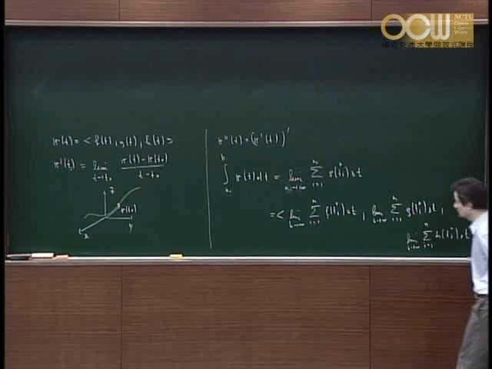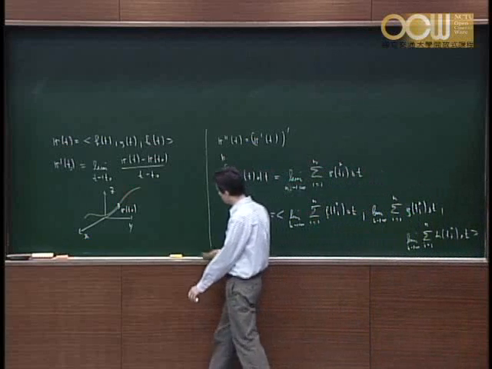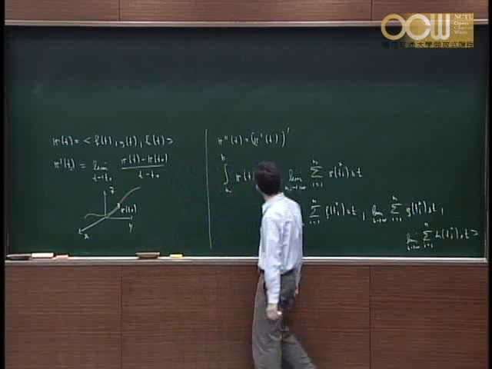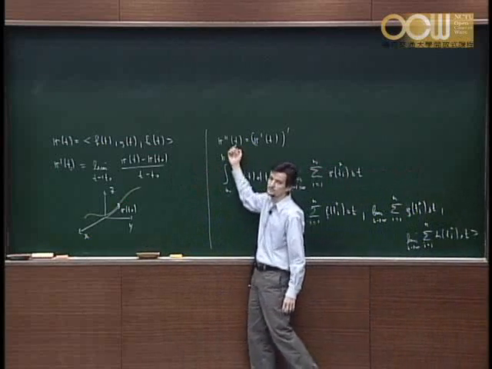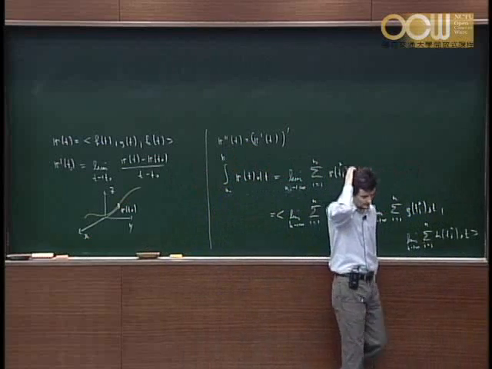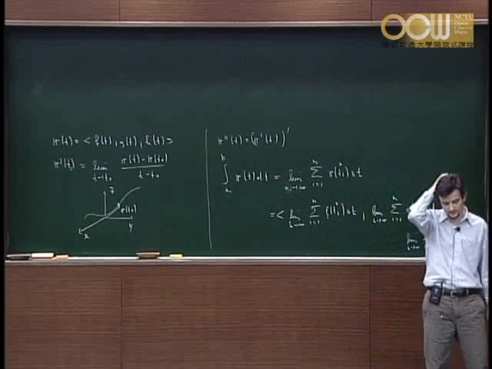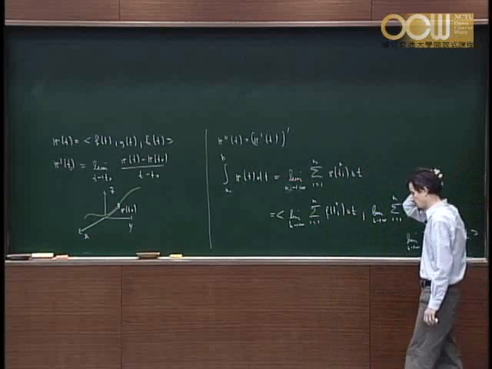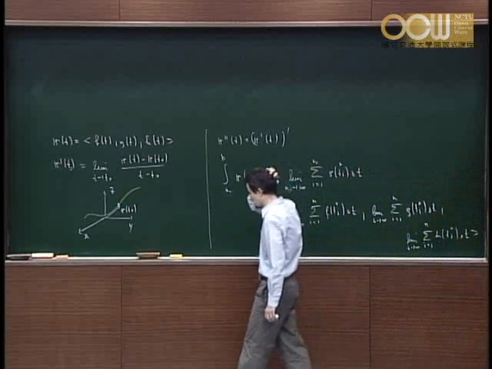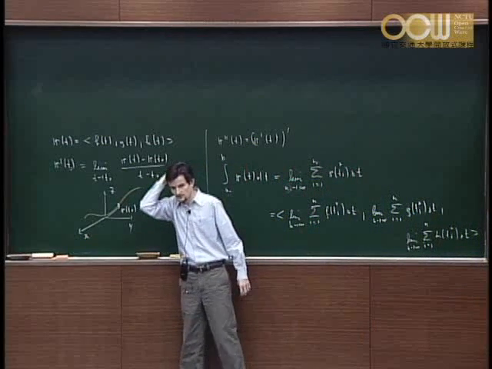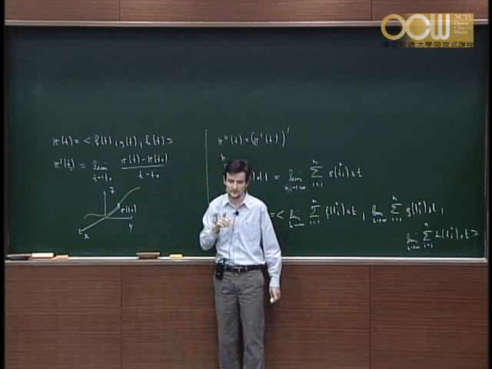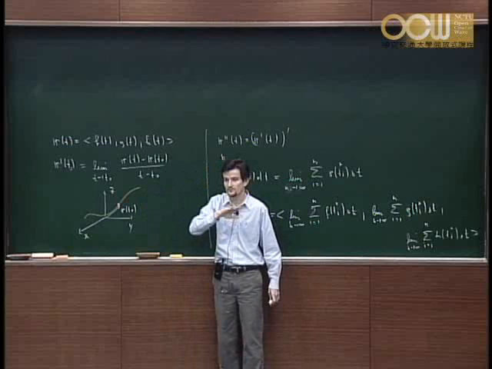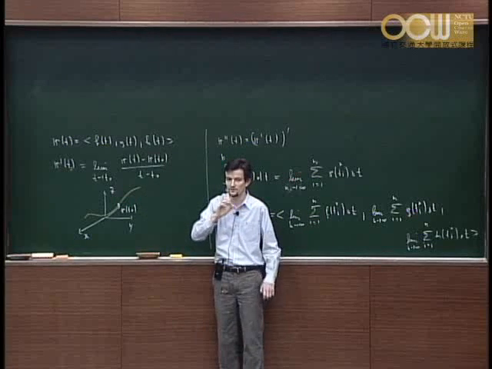Now, the first thing I want to discuss is what is the meaning of the second derivative, or I want to give the second derivative some meaning. If you think back to last semester, we also defined the second derivative, and the second derivative was a kind of measure. So in some sense, it will say something about how curved the curve is.